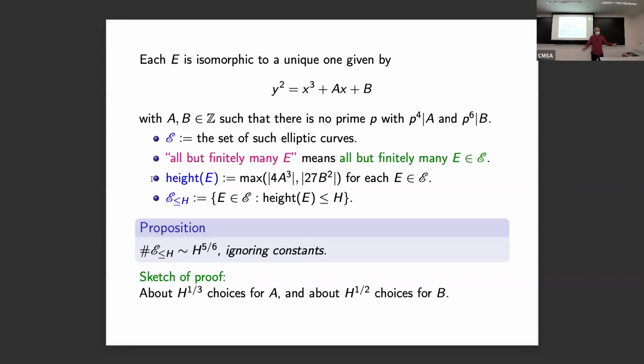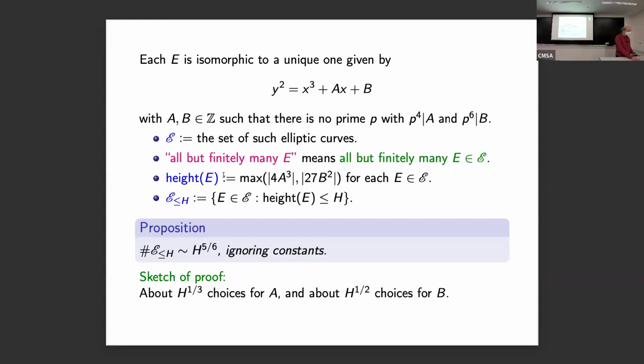To talk about averages on a countable set, you order all the elliptic curves using some height function, average over the elliptic curves of height up to a constant h, and then let h go to infinity.